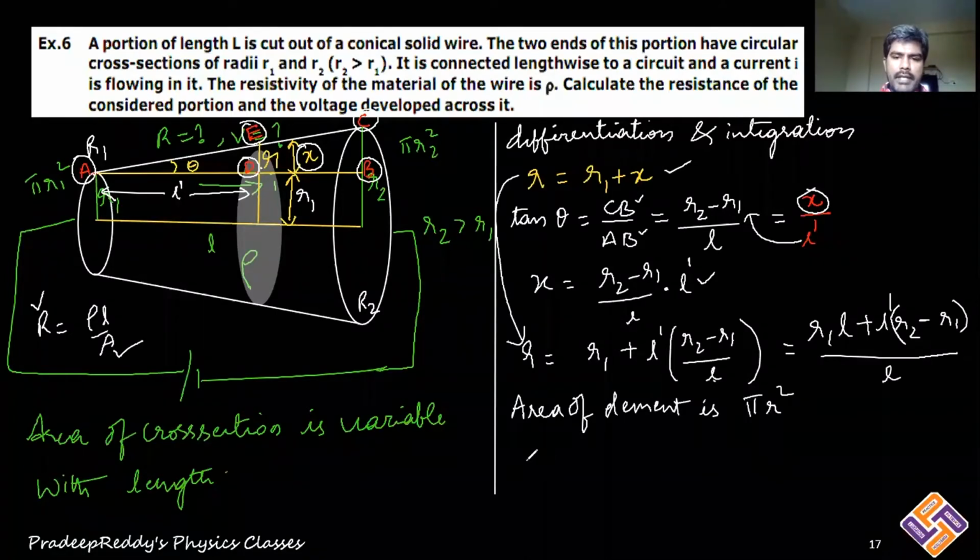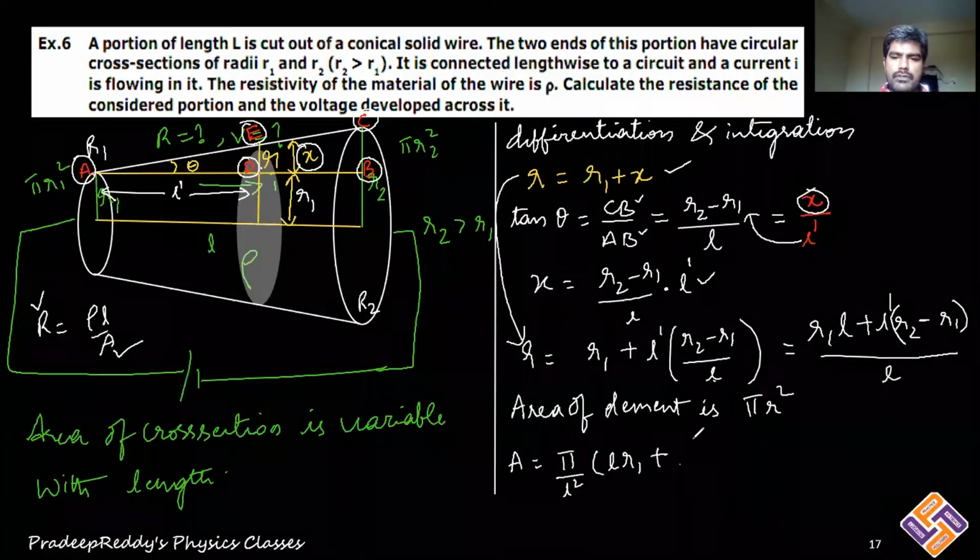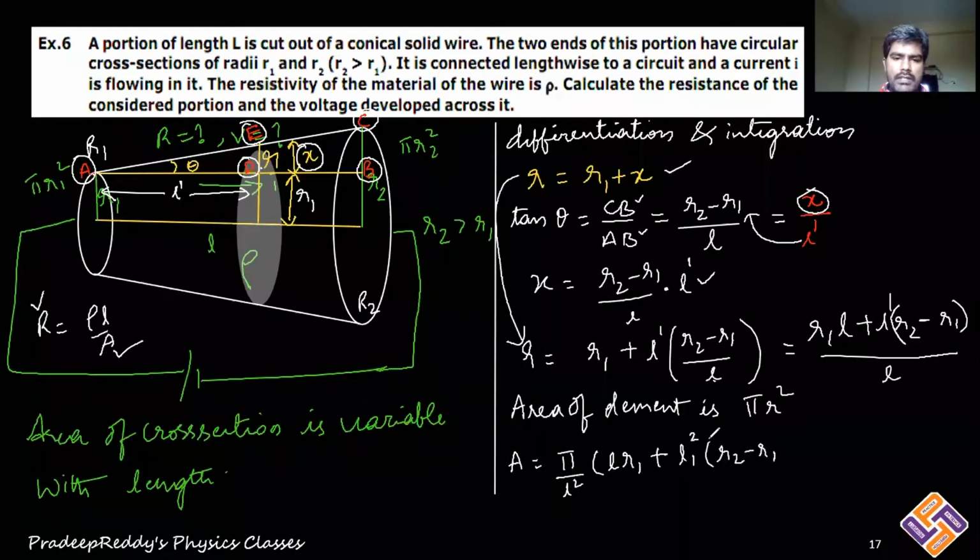So I can write it as pi into R square, and I'll square this total. It is divided by L square, into the whole square of (L R1 plus L dash into (R2 minus R1)), and denominator L square as it is. This is the area of cross section of that particular conductor, the very small element which you have chosen.